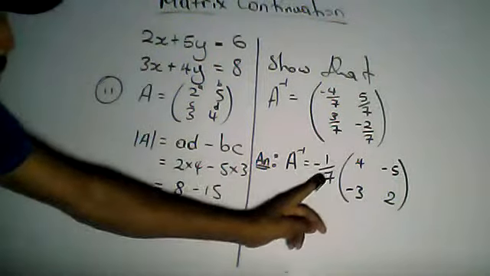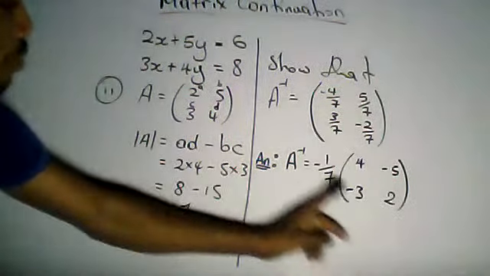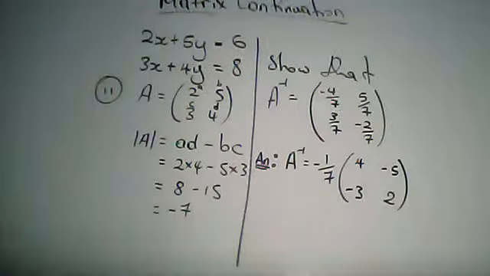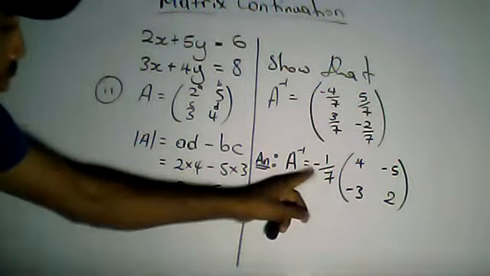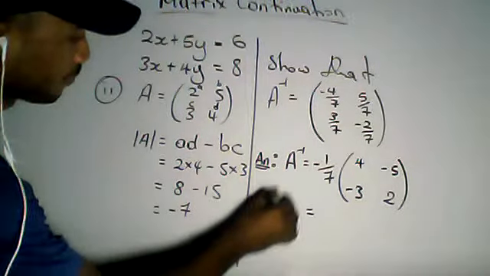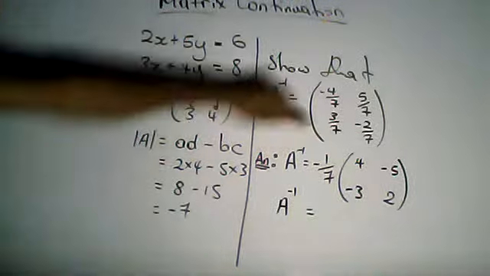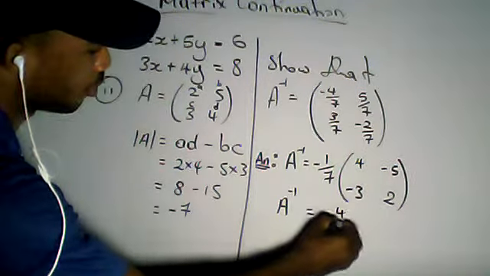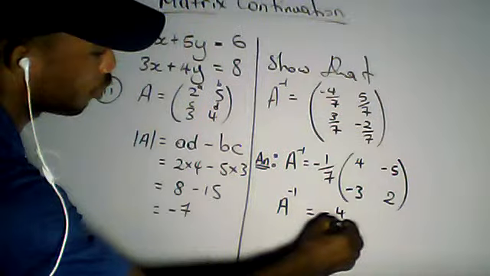I'm going to multiply each element in the matrix by the negative 1/7. So 1 times 4, we're going to have minus 4 over 7.